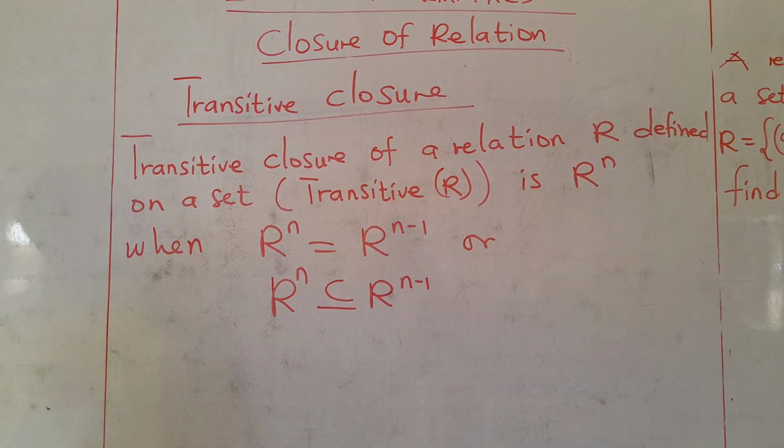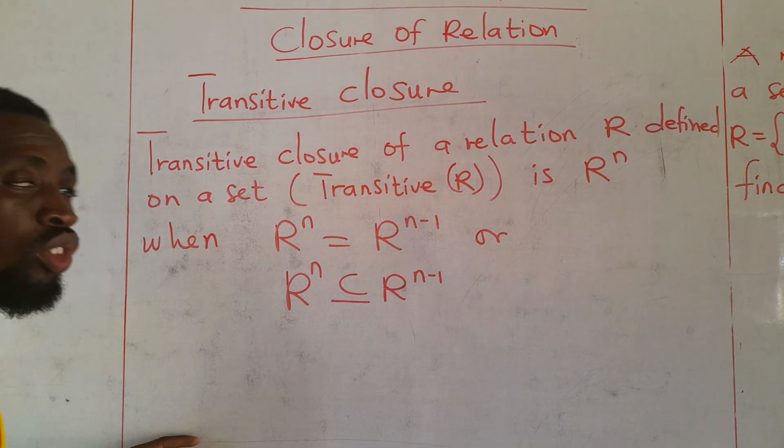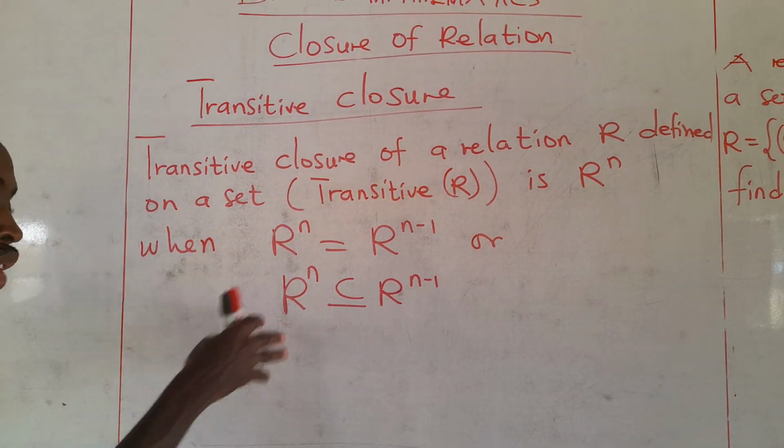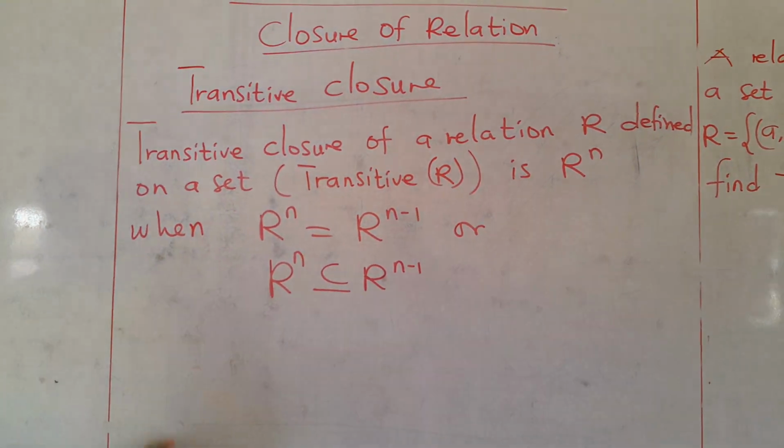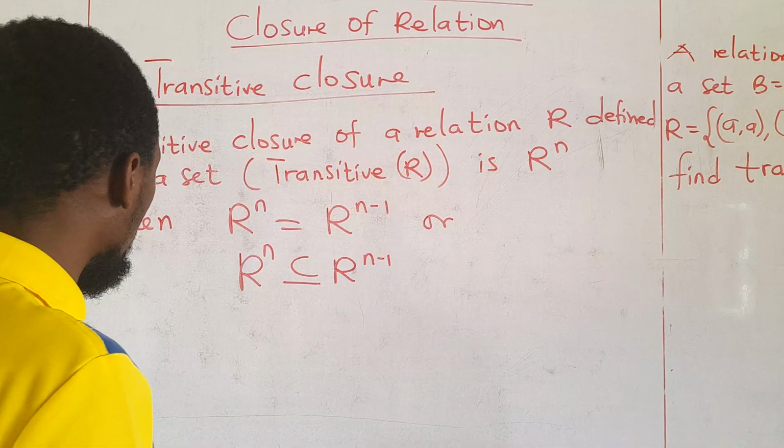Remember, when one set is a proper subset of the other, it means all the members of that set are equal to all the members of the other set. So very, very important. So what does this mean to a layman?